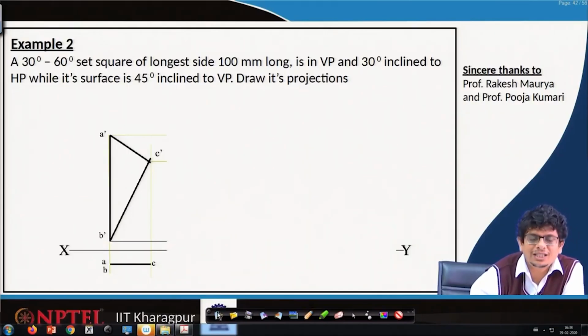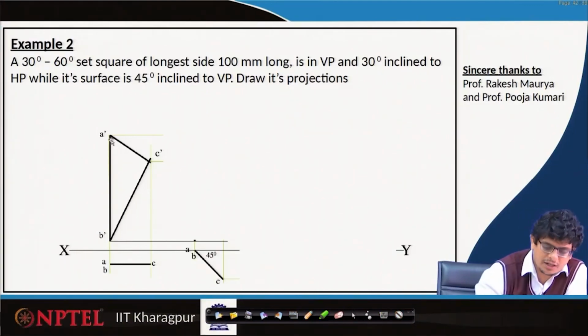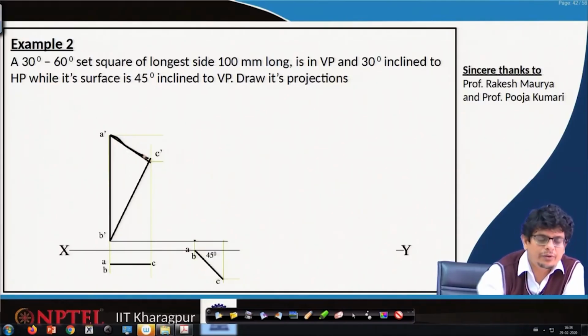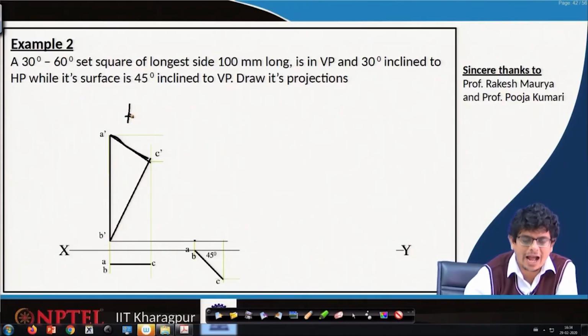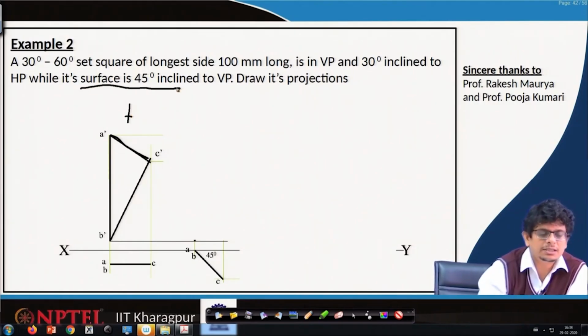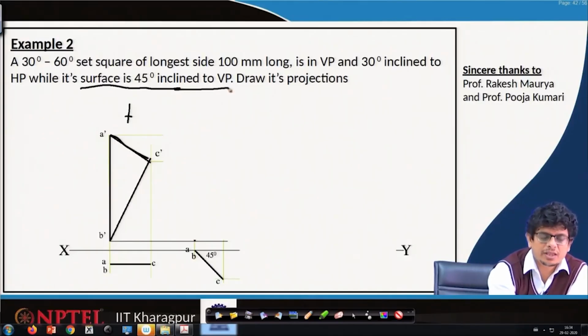Now, this has to be rotated. From the frontal view, this plane, this AC, when we look in that direction, that entire surface has to be flipped by a 45 degrees angle. Here we can see that the surface is 45 degrees inclined to VP.